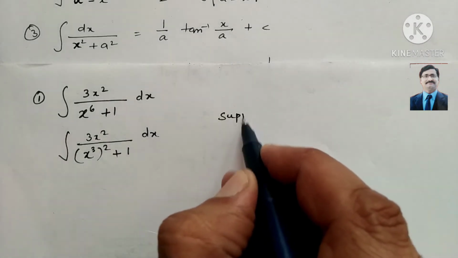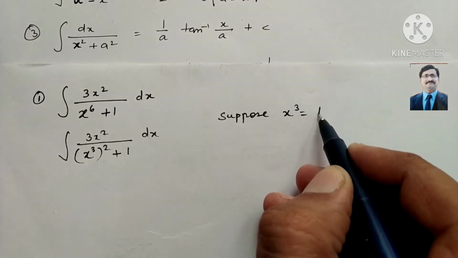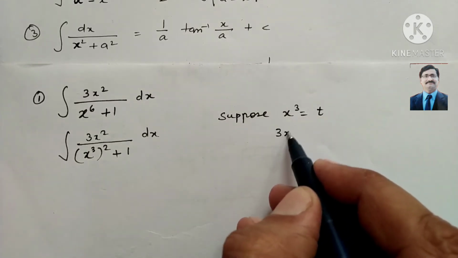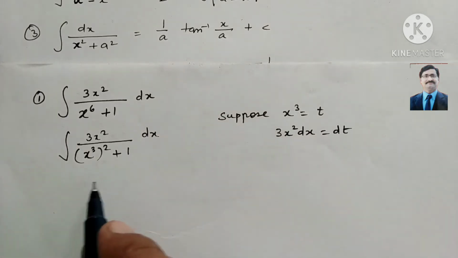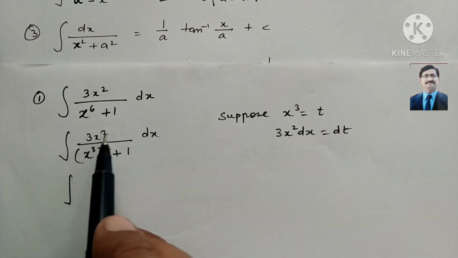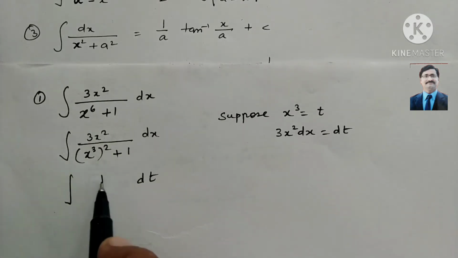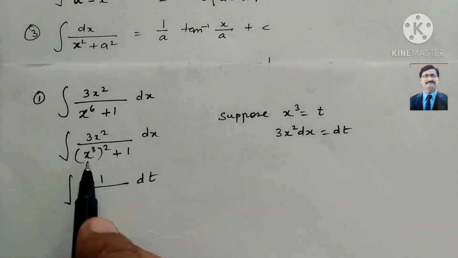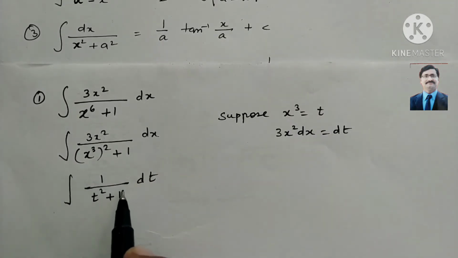Now we suppose x cube equal to t. So we get 3x square dx equal to dt. So this 3x square dx will be dt, and here x cube is t, so we get t square, and here is 1 square.